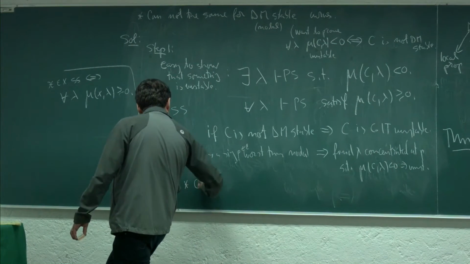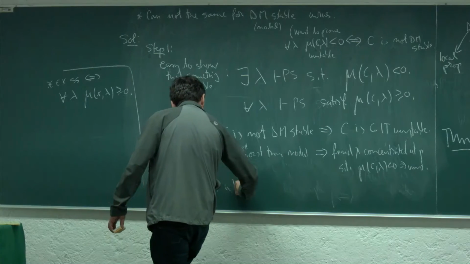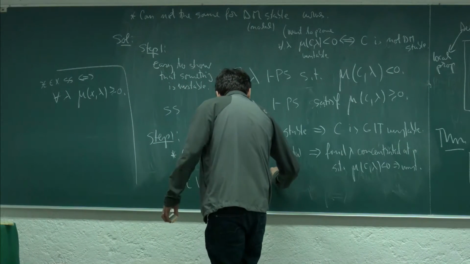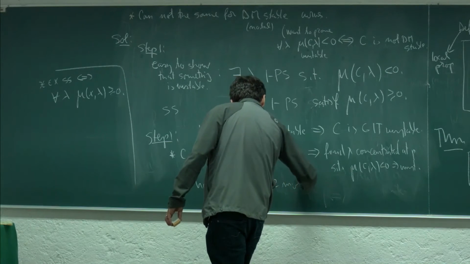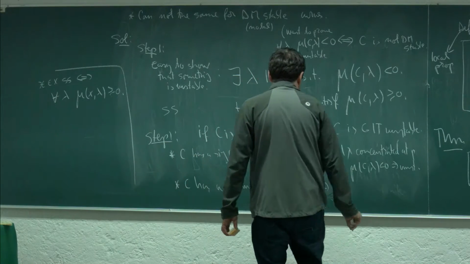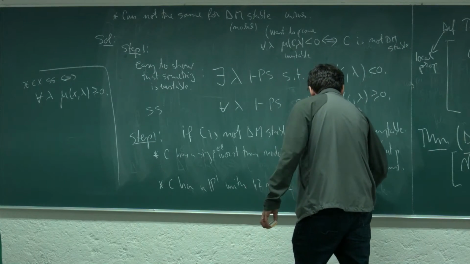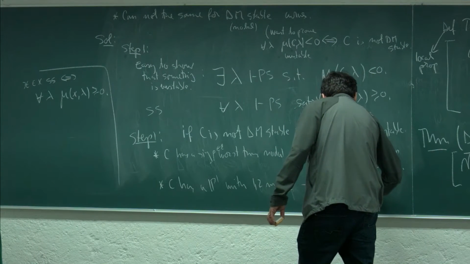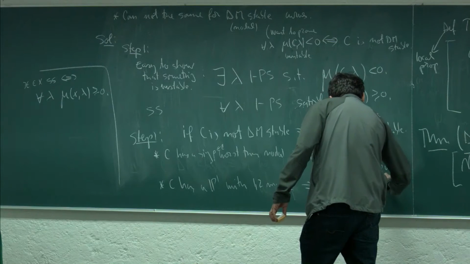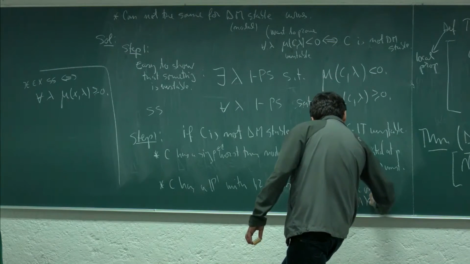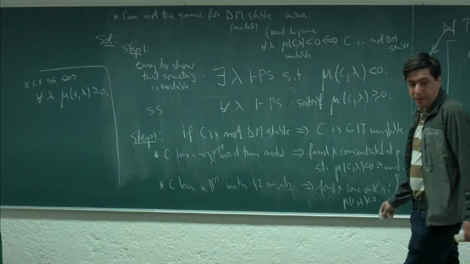Similarly, if C has a P1 with one or two markings, then again you find a lambda concentrated on this P1 such that mu of C, lambda is less than 0, again unstable.